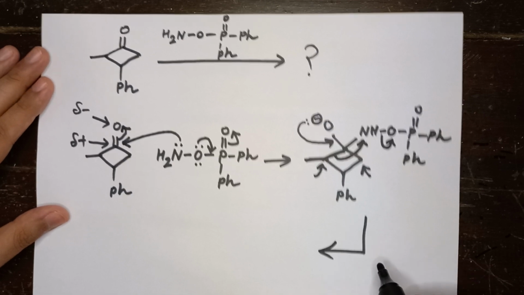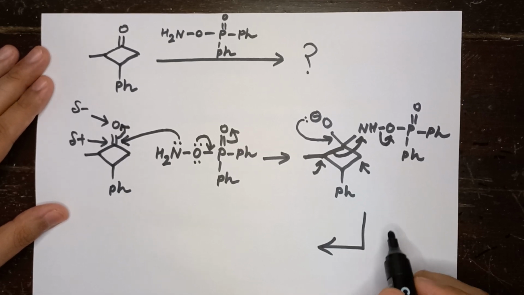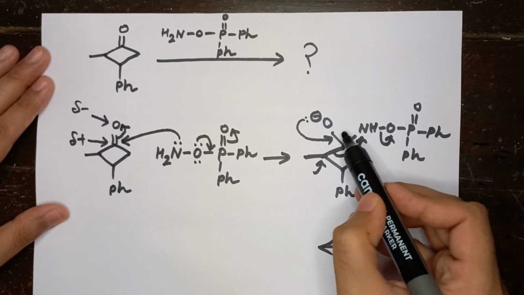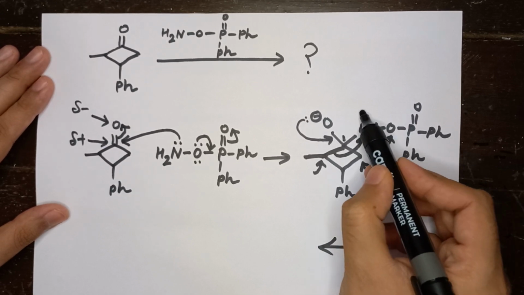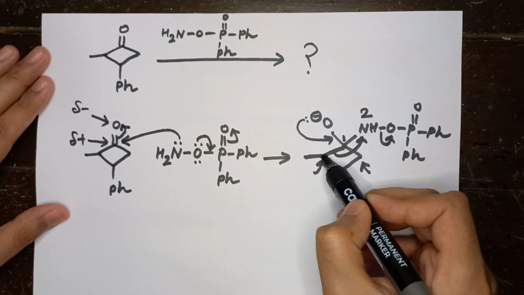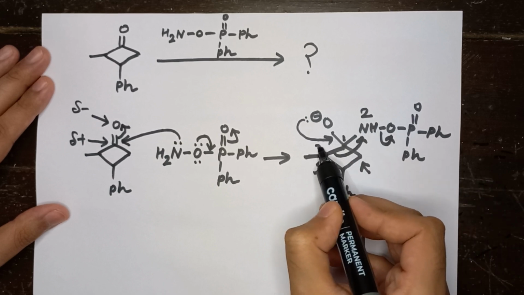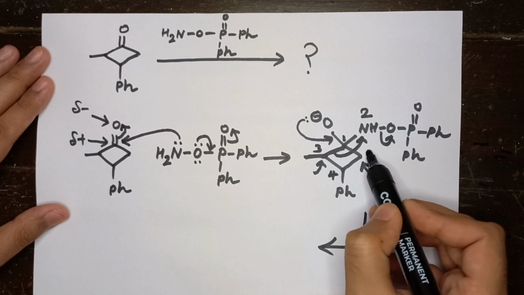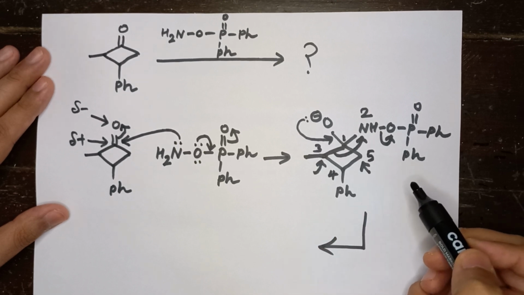So this will give me, let's number them. I'm writing this one as 1, this is 2. Now this nitrogen is bonded with this carbon right here, so this is 3. This one is 4 and this one is 5. So we have formed a 5-membered ring.